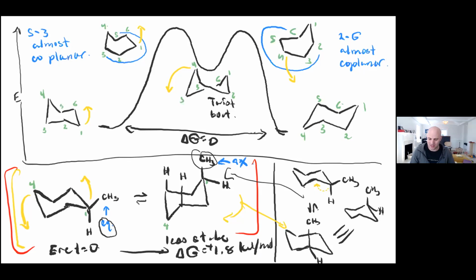And so this is getting crowded, so I'm just going to move to another slide here. So axial methyl, less stable than equatorial methyl, okay? And the question is why?